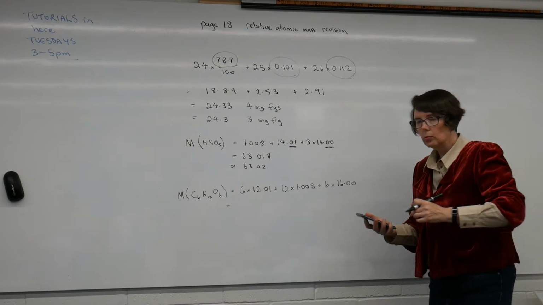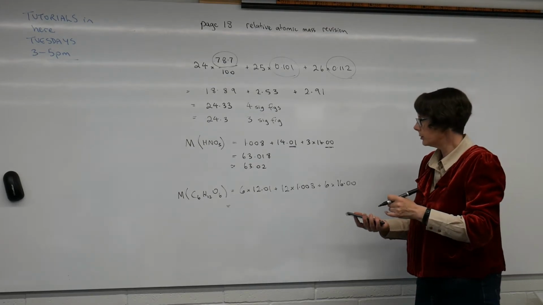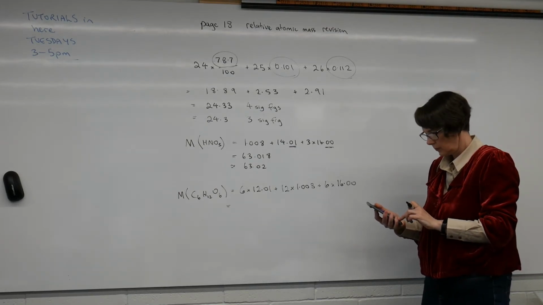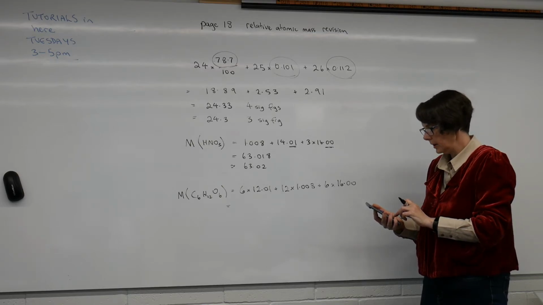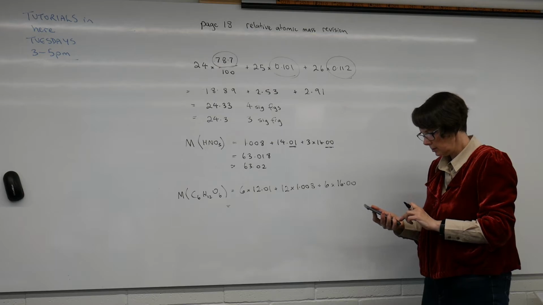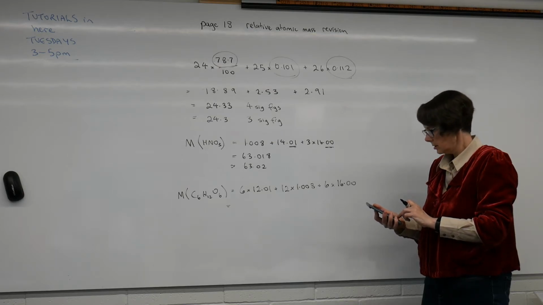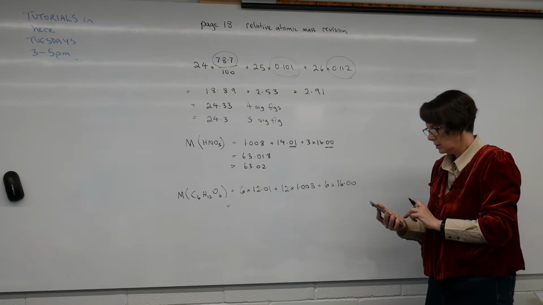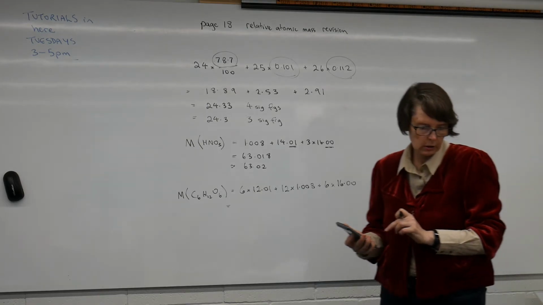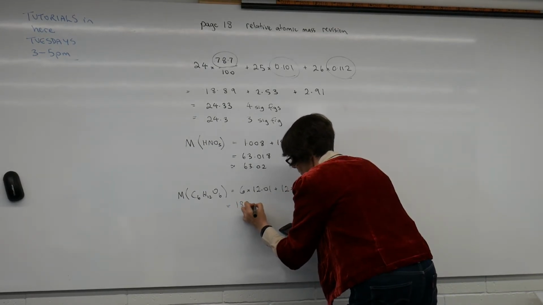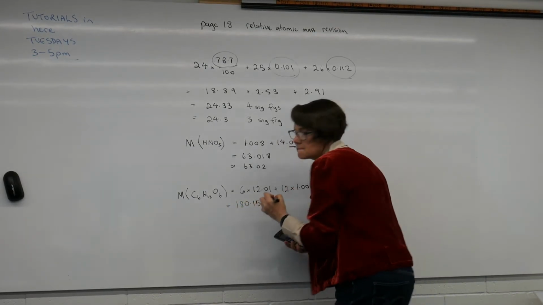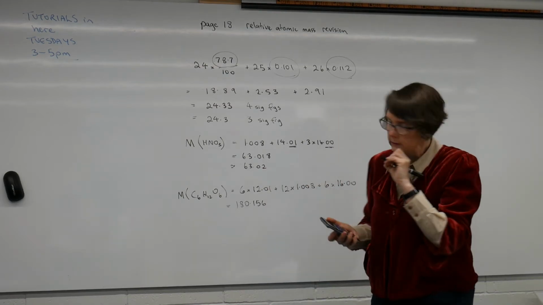And do you remember, when we say relative, what it was relative to? 12. We're getting there a little bit. Relative to anything? Well, no, it's not relative to anything.